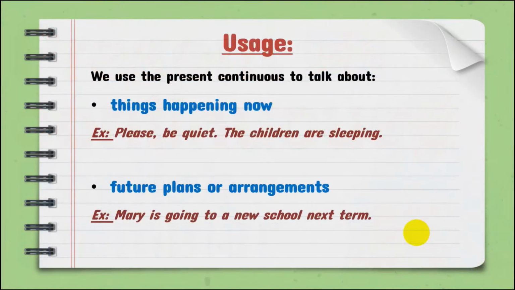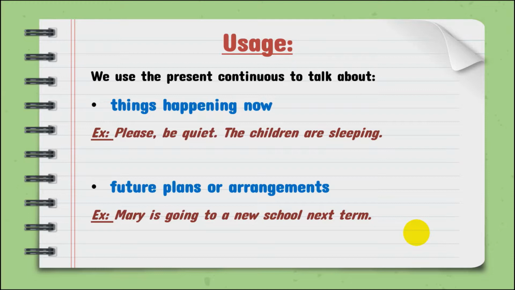First of all, let me show you the usage of this tense. We use the present continuous tense to talk about things happening now. For example, please be quiet. The children are sleeping.